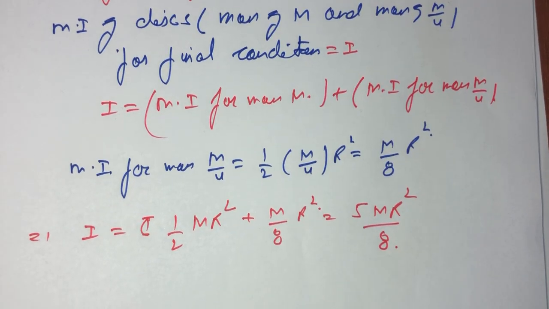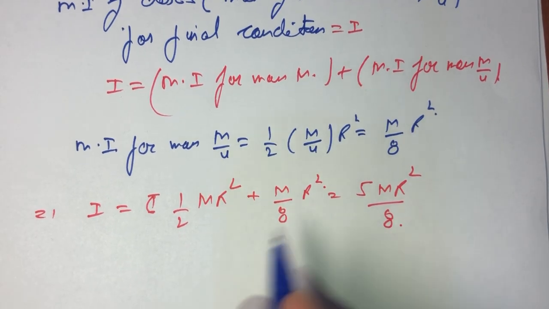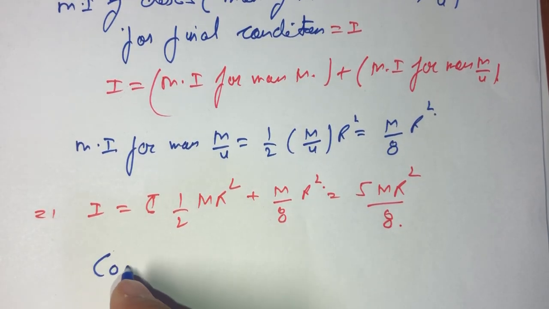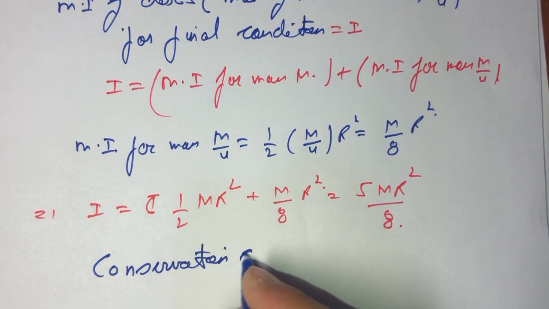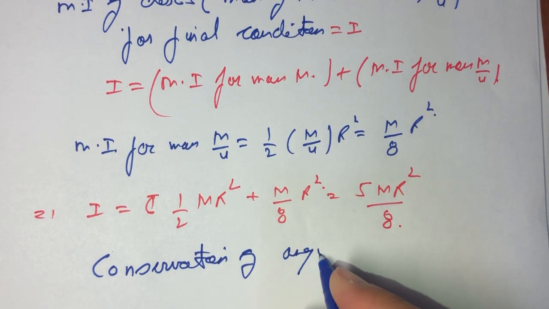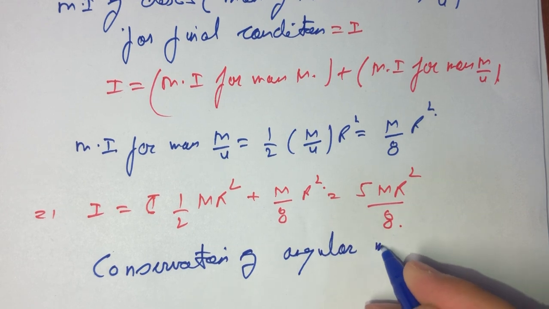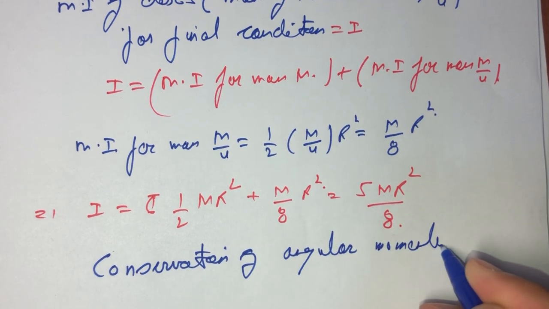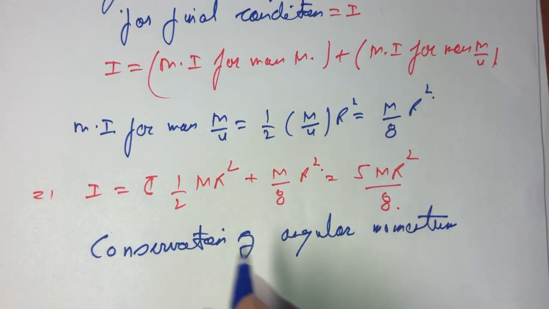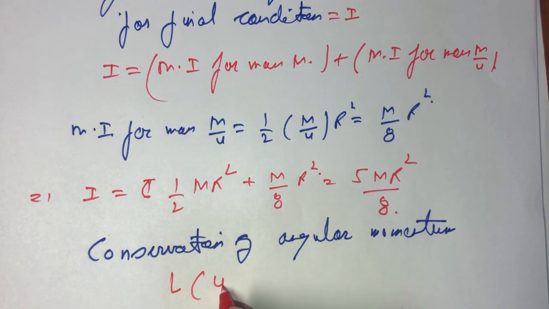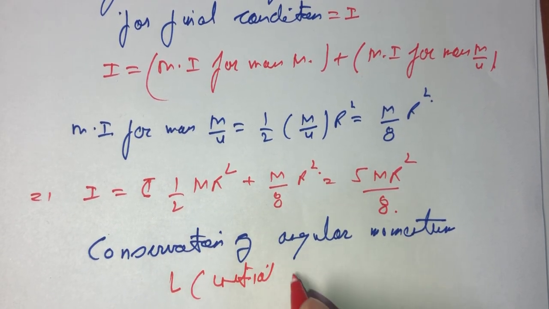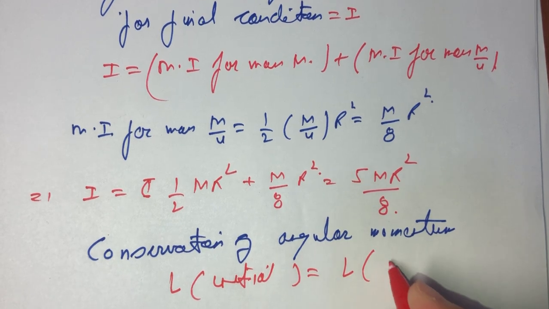Now we can use conservation of angular momentum. So initial momentum, let us call that L initial, will be equal to final momentum.